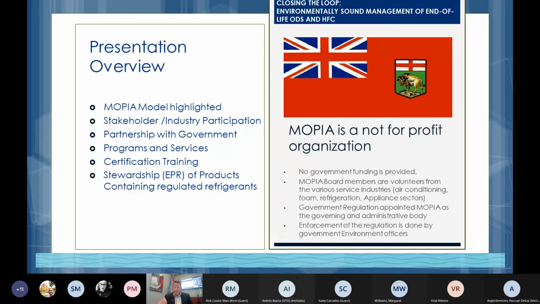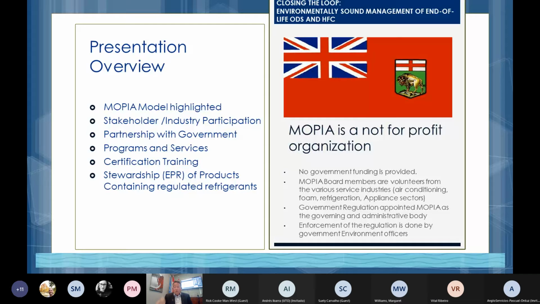And we have a government regulation in our province. Manitoba is one of 10 provinces in Canada. Our province has allowed MOPIA, this not-for-profit organization, to operate at arm's length to the government, but at the same time provide insight, regulatory advice, and guidance to the minister directly, and so forth.